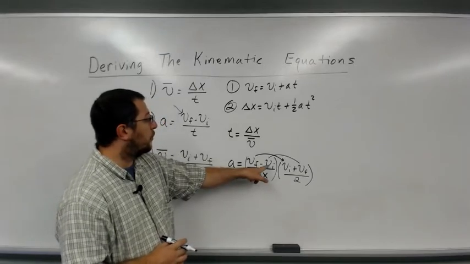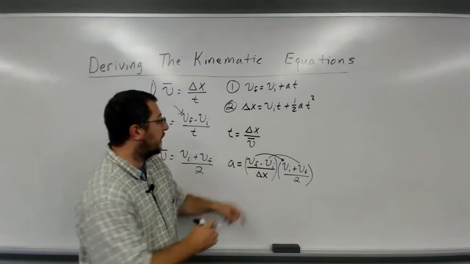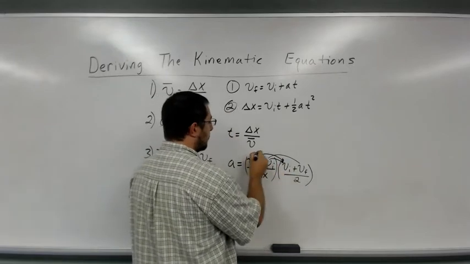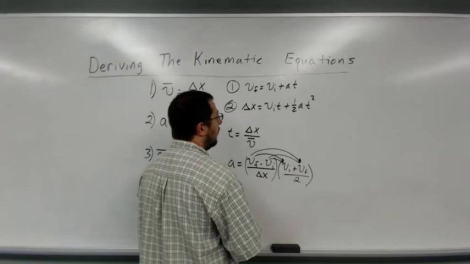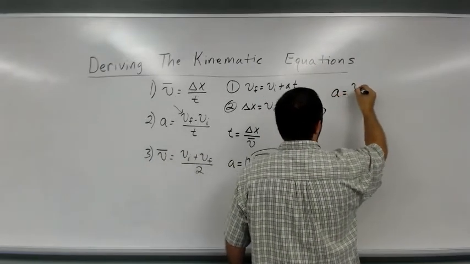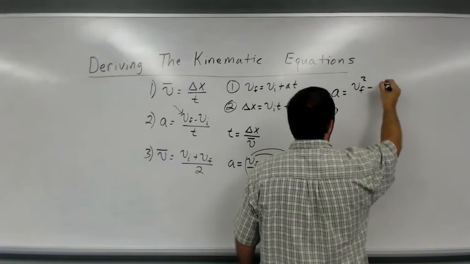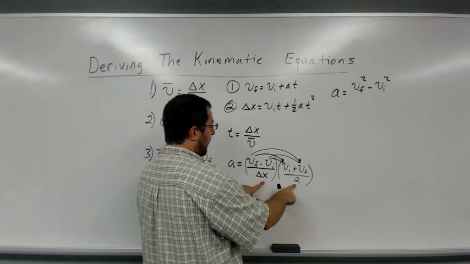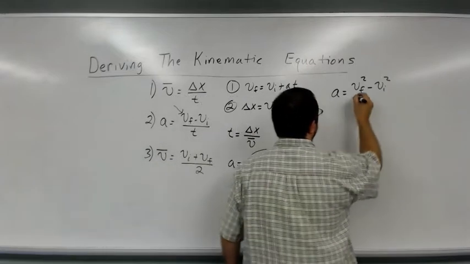But what I will see is that I'm going to have a minus VI squared and a plus VF squared. Okay, so in the numerator, I'm going to have a VF squared and a minus VI squared, right? And this is going to be divided by 2 times delta x.